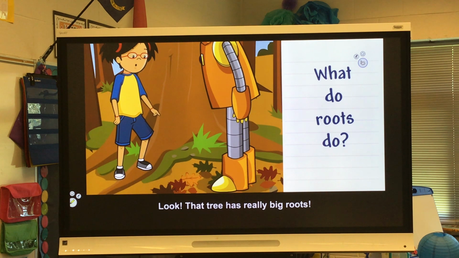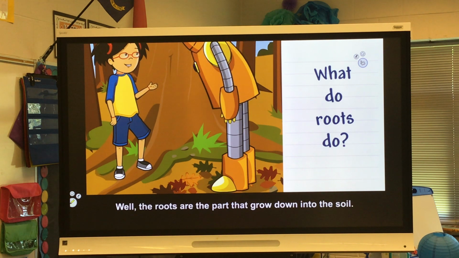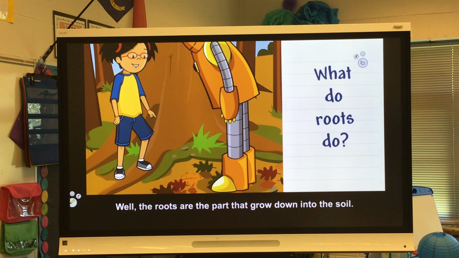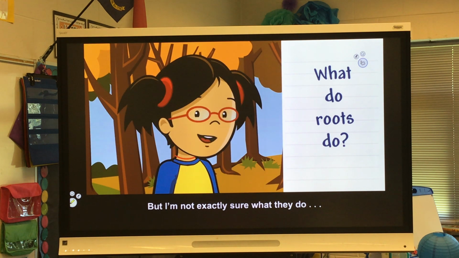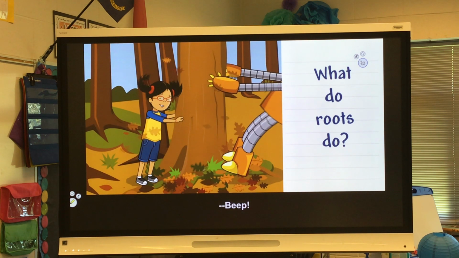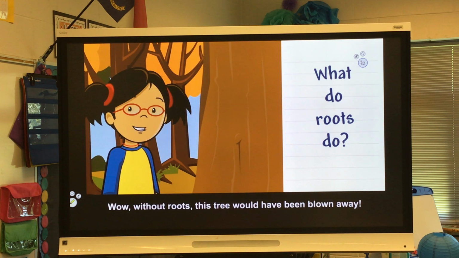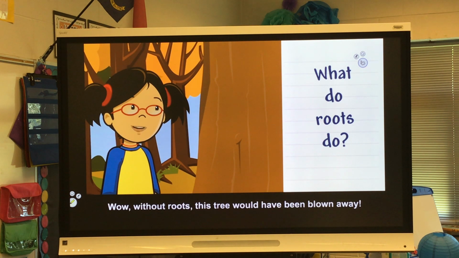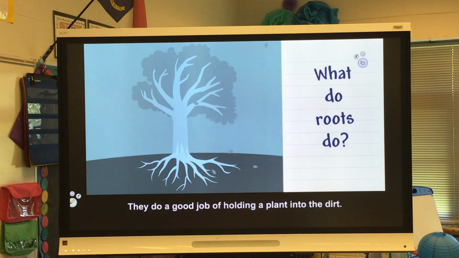Look, that tree has really big roots. Well, the roots are the part that grow down into the soil, but I'm not exactly sure what they do. Wow, without roots, this tree would have been blown away. They do a good job of holding a plant into the dirt.